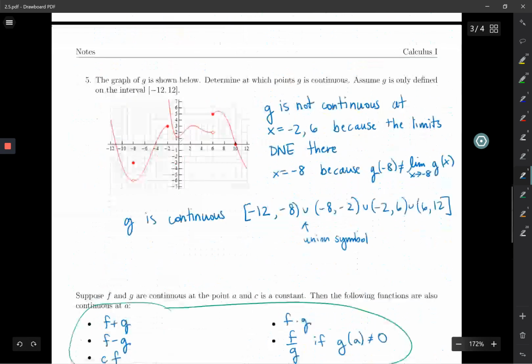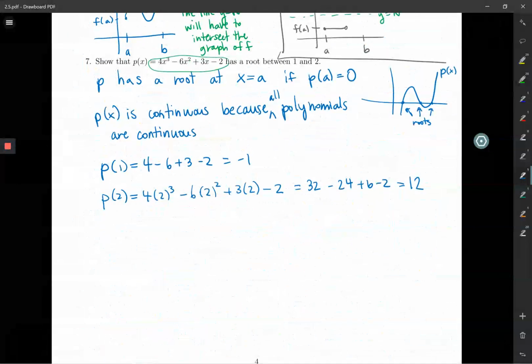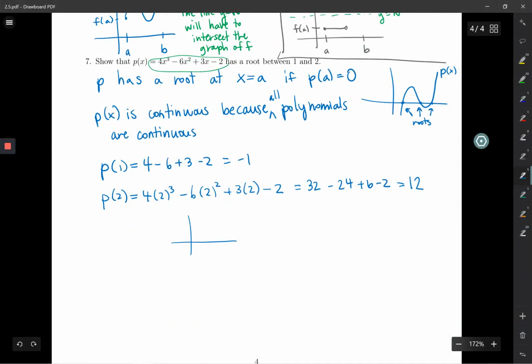So I don't actually know what this function looks like, but I'm going to go ahead and draw a picture.